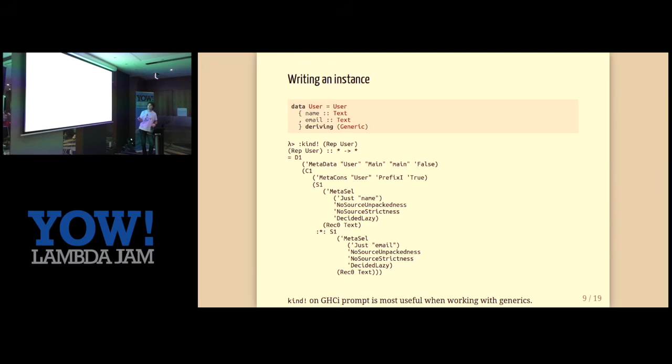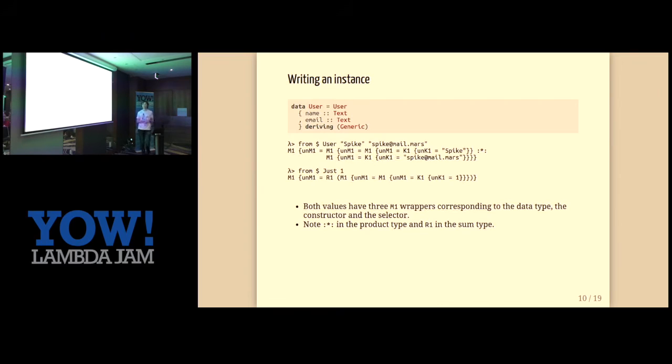So this data type has a single constructor with two selectors, a product of two selectors. The first selector is name and so on, and the actual value is a Text. The second selector is email, and the actual value is Text. So let's use this isomorphism. We can convert from this value of type User to the associated representation.